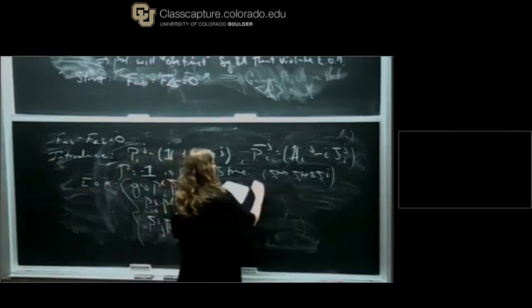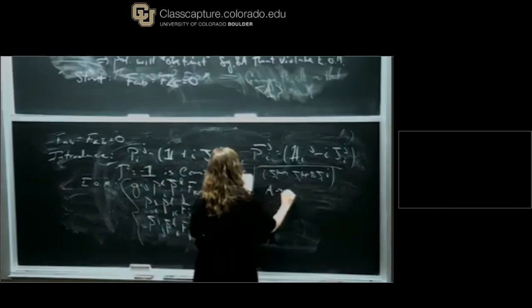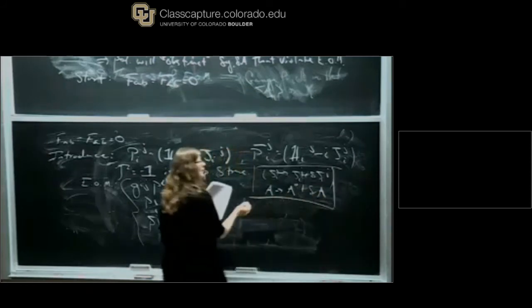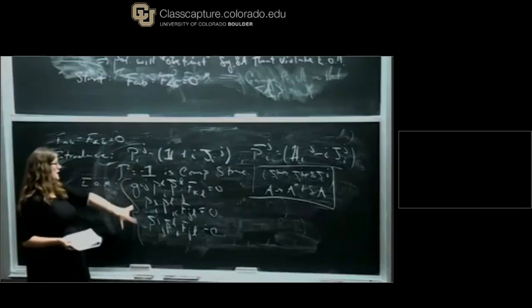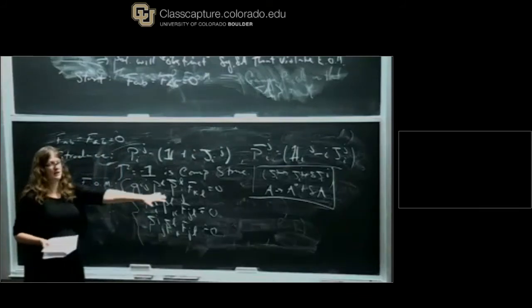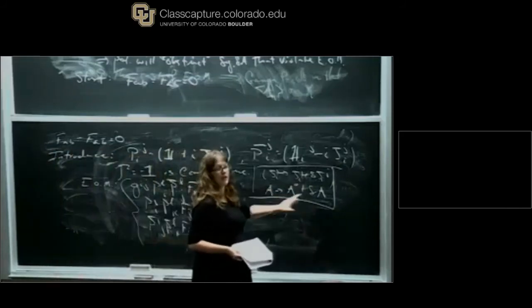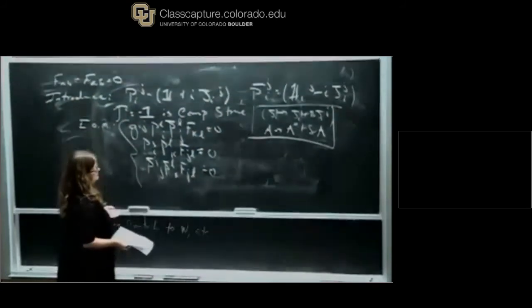So as I wrote here, this is one thing, and I want to also consider A goes to A naught plus delta A. And I want to ask, what is the equation that I must solve if I allow these guys to all vary and demand that I still get a solution? What is the leading order constraint on delta J and delta A? I'm not going to do the algebra in the interest of time, but I'm just going to show you the answer.